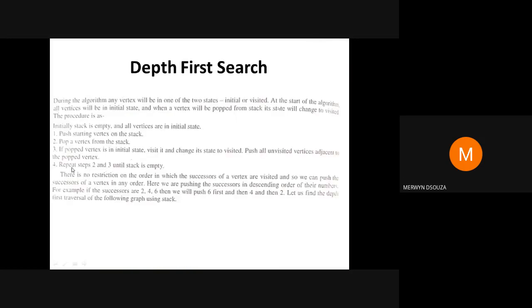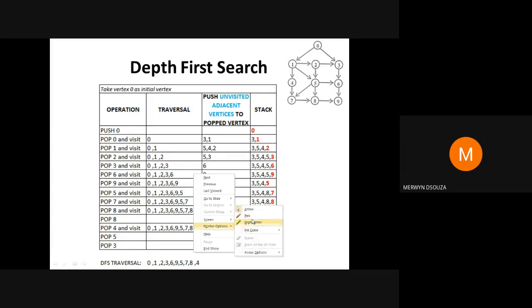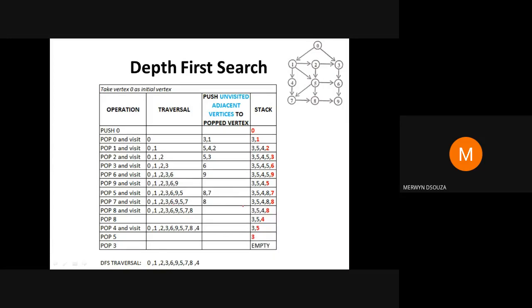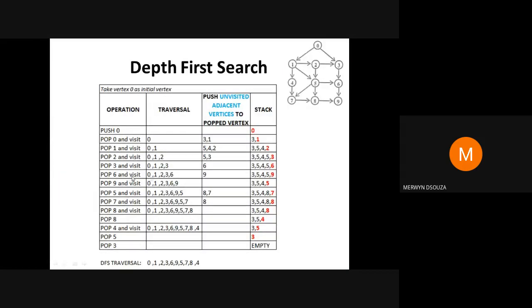You need to keep referring to this algorithm as I was telling you. If you are familiar with this algorithm, understanding this becomes easier. I hope you have managed to grasp the main idea of what is happening.